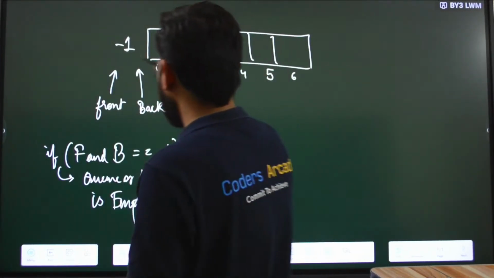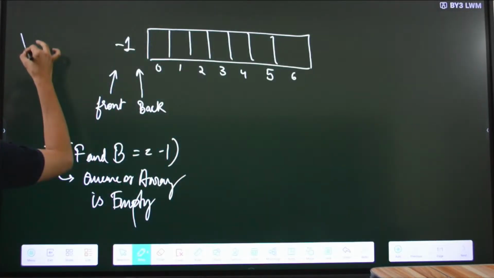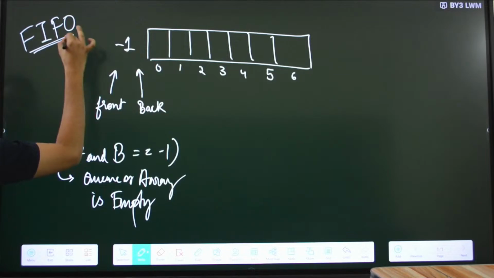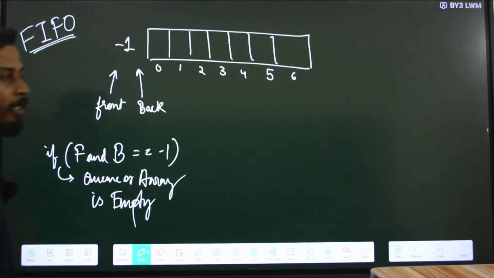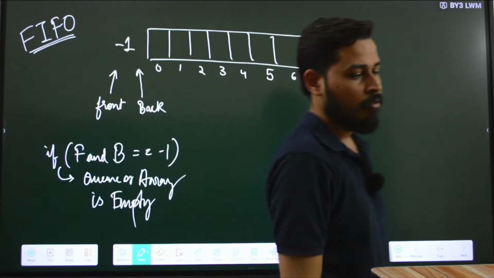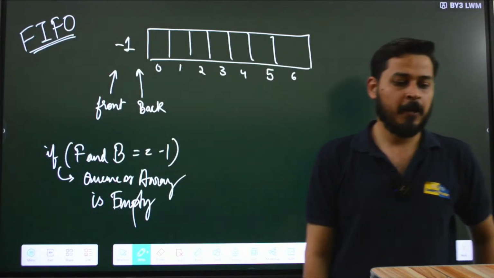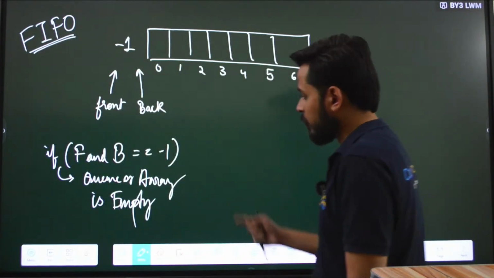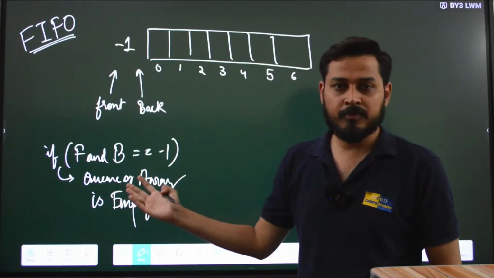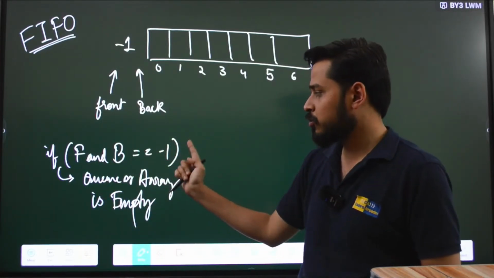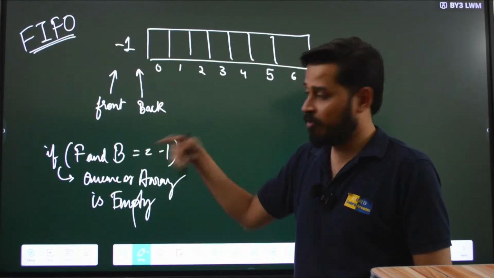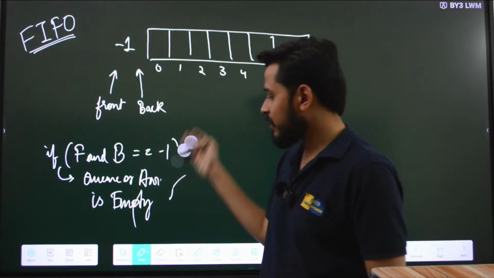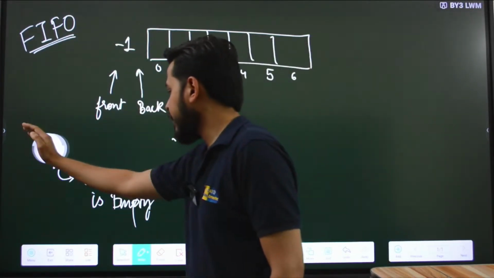My question is how to implement first in, first out. This is the thing we are trying to implement, the concept of first in and first out. So let us talk about that. We have understood that front and back equal to -1 initially, and we will be setting it through the constructor. So what we can do is create a class.